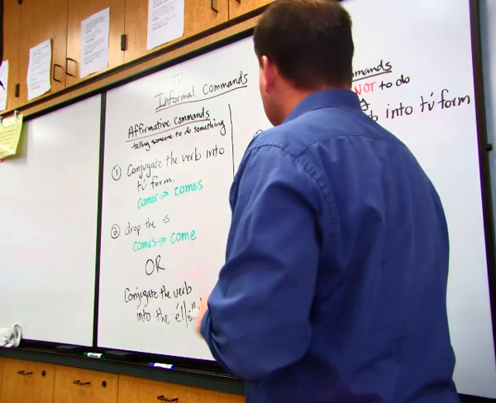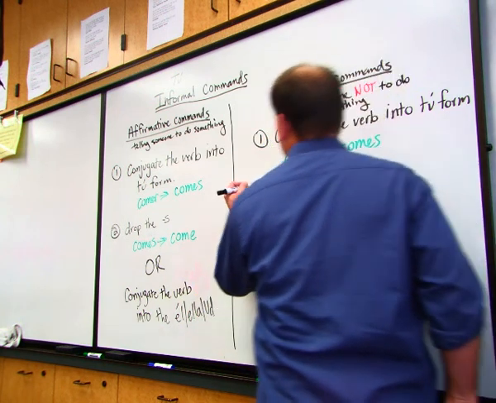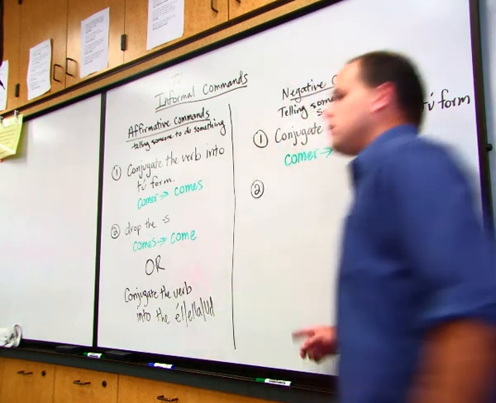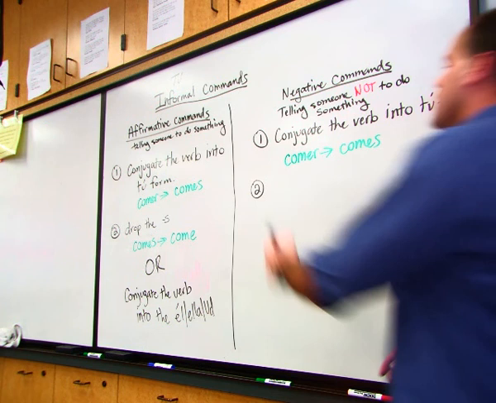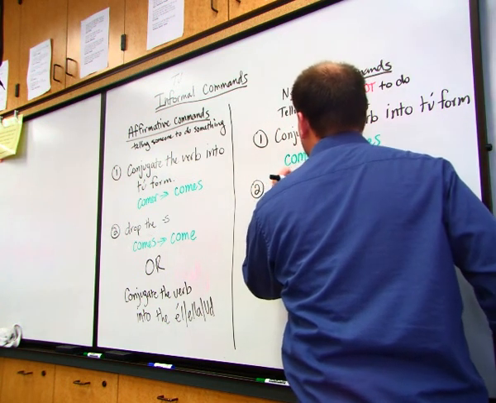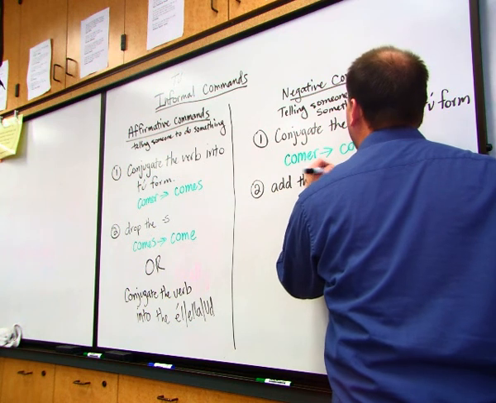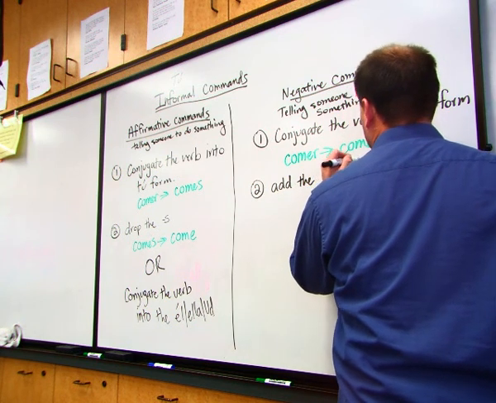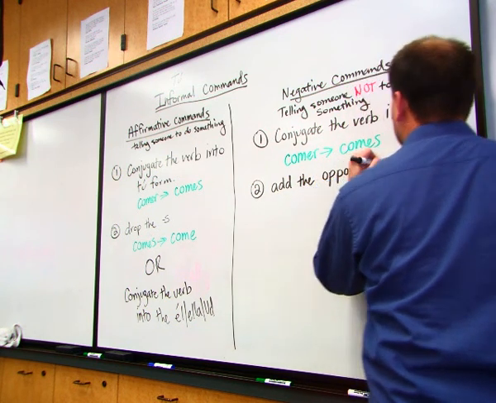Second thing we're going to do, it's going to sound a little complicated until I explain it. You are going to add the, I'm going to call it the opposite ending.